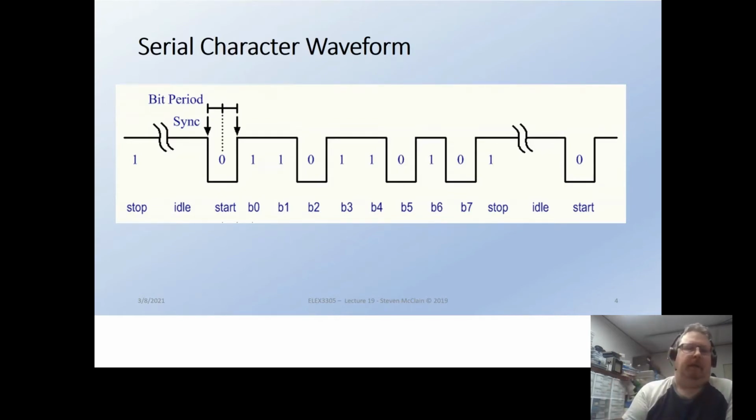So it'll be idle, get our start bit, and then we'll get the lowest bit to the highest bit. And then we get our stop, and then it goes back to idle again.